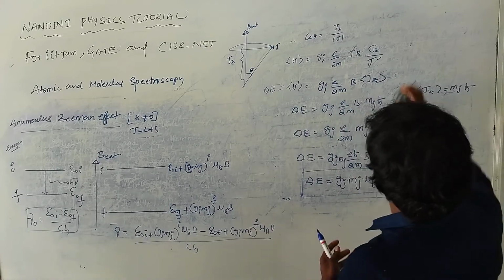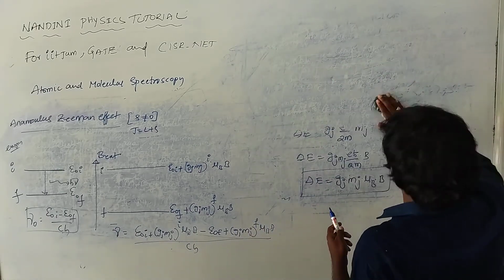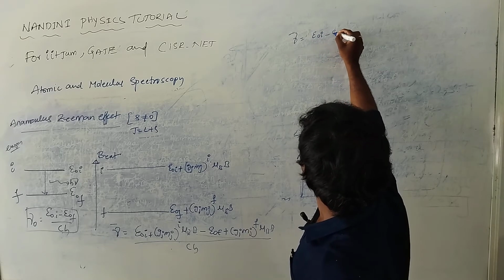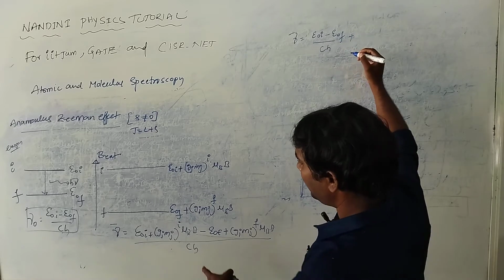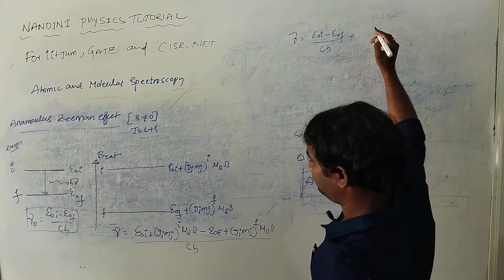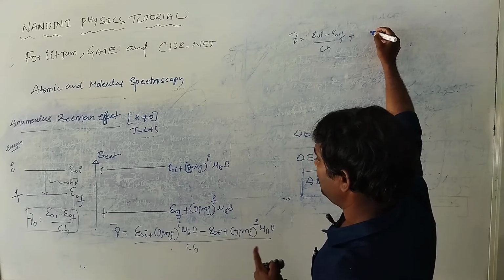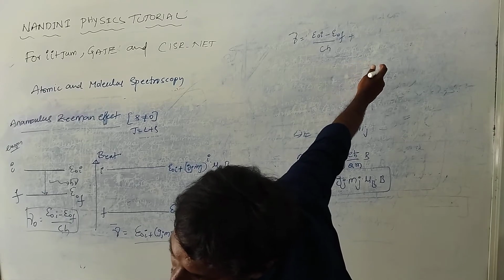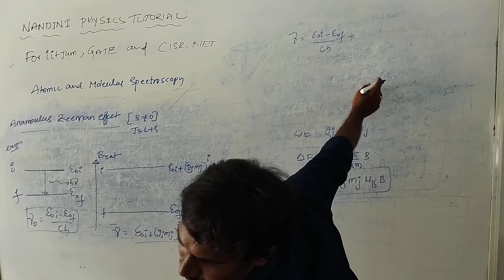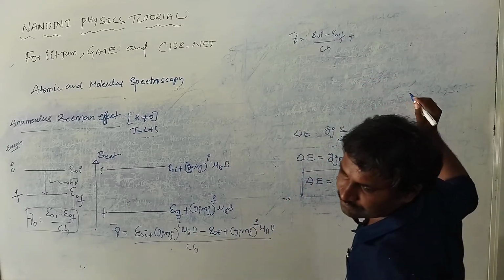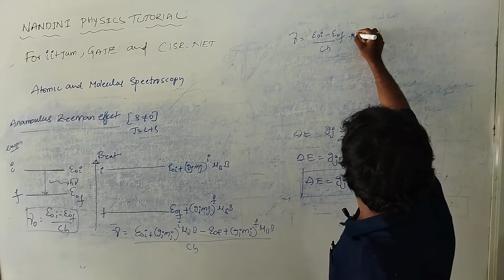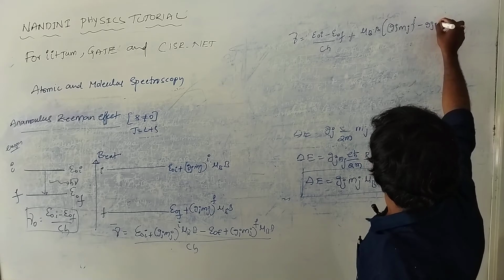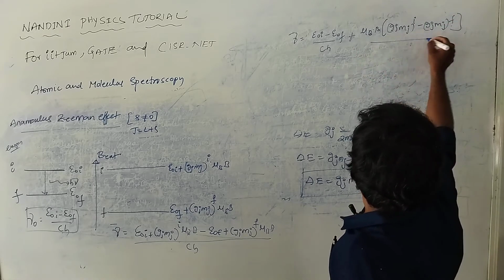You can write this equation as nu bar equal to E naught I, the initial state, minus E naught F, the ground state, over Ch, plus, taking mu B into B common, Gj Mj I minus Gj Mj F, divided by Ch.